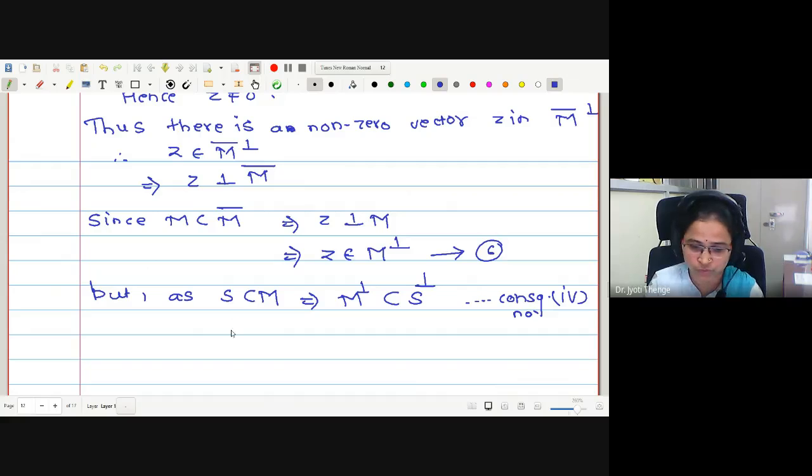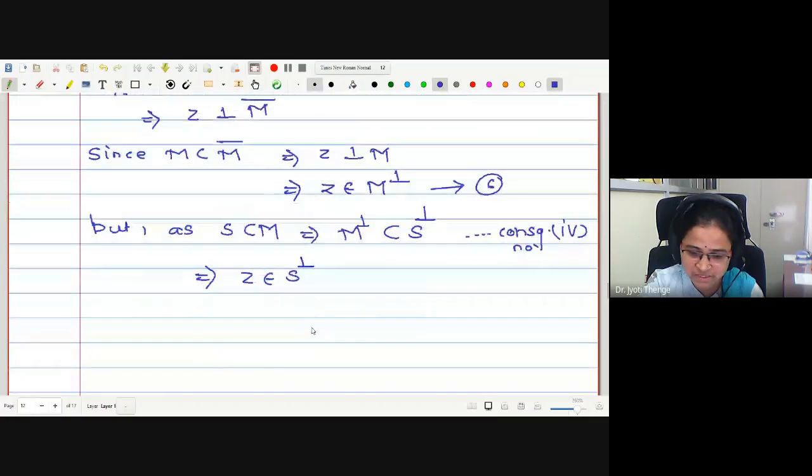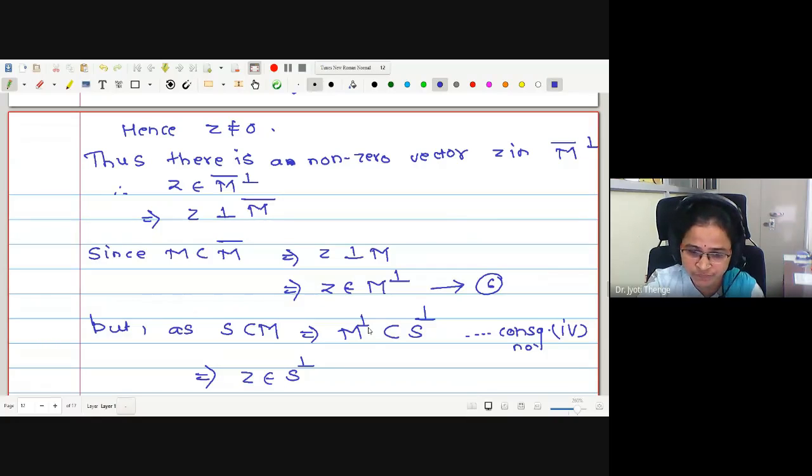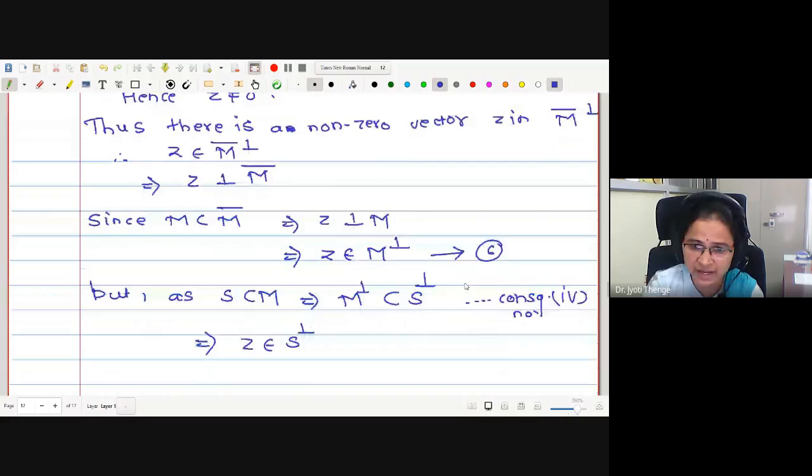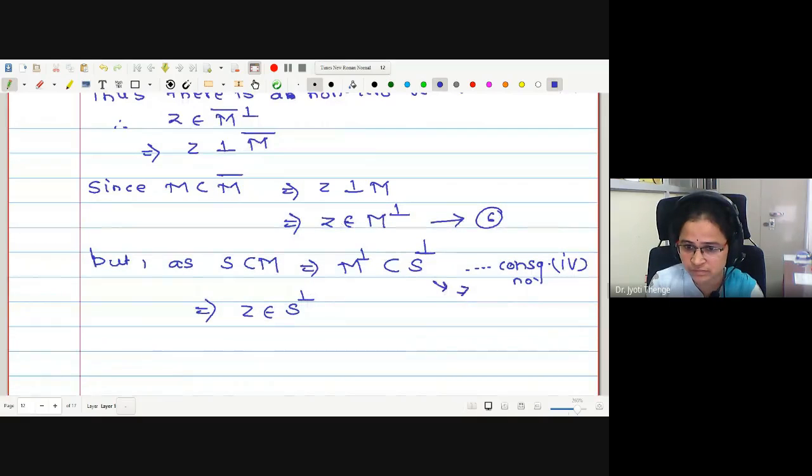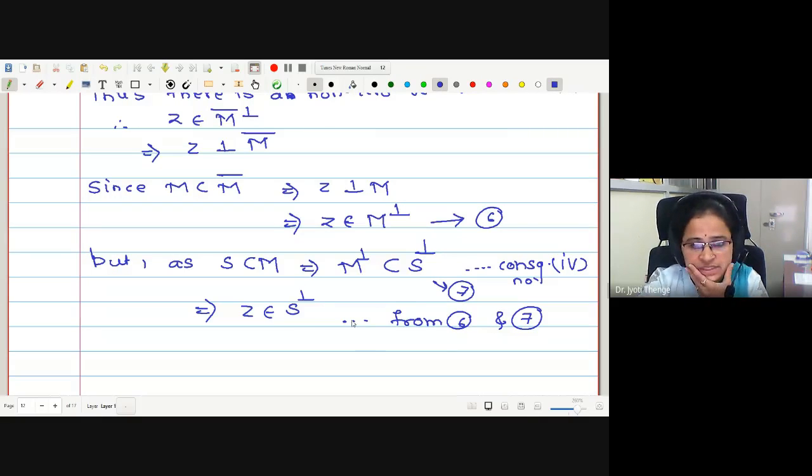Now here we are writing Z is in M perp. It implies Z is in S perp. Z is in S perp. Correct now? Z is in M perp from 6, and I'll call this as 7. The further reason I will write is from 6 and 7.